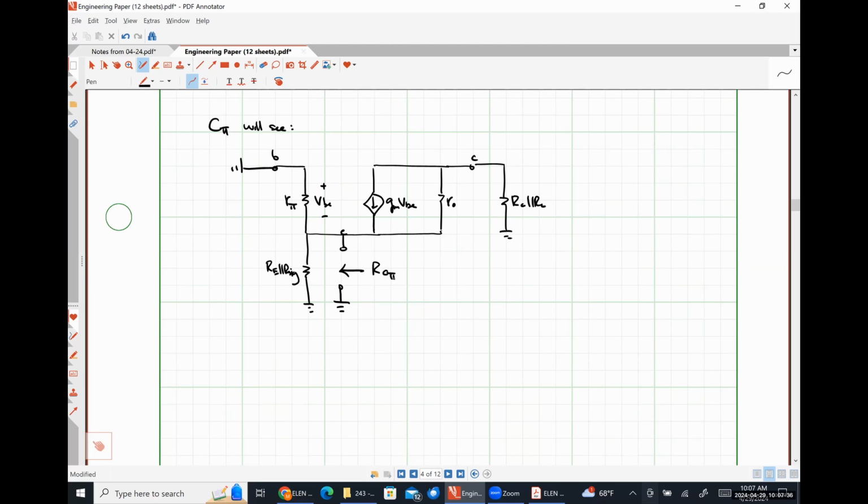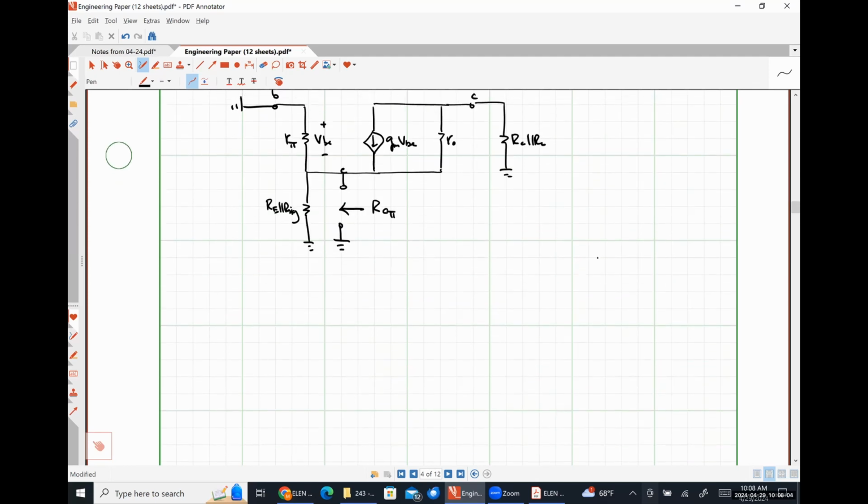So I would argue that since RE and R sig are directly in parallel with that capacitor, we're going to see RE in parallel with R sig in parallel with whatever we see looking up into the emitter, right? Well, what we see looking up into the emitter node is just the input resistance of a common base amplifier.